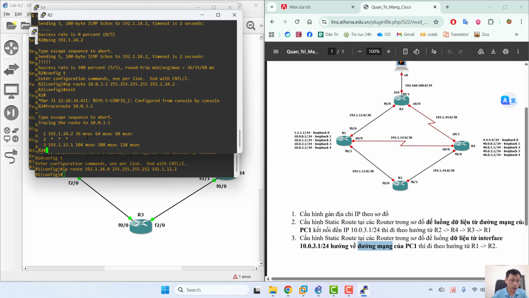Okay, we have the first hop here, 24.1. It means router number 4, and this address is the last hop, 13.1. It means router 1, so the route is good and meets your requirement. Okay, my lab is successful. Thank you.